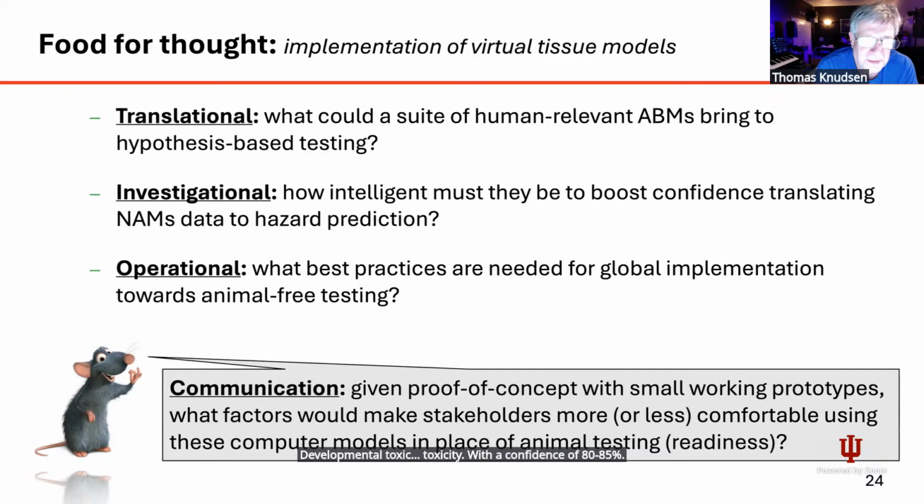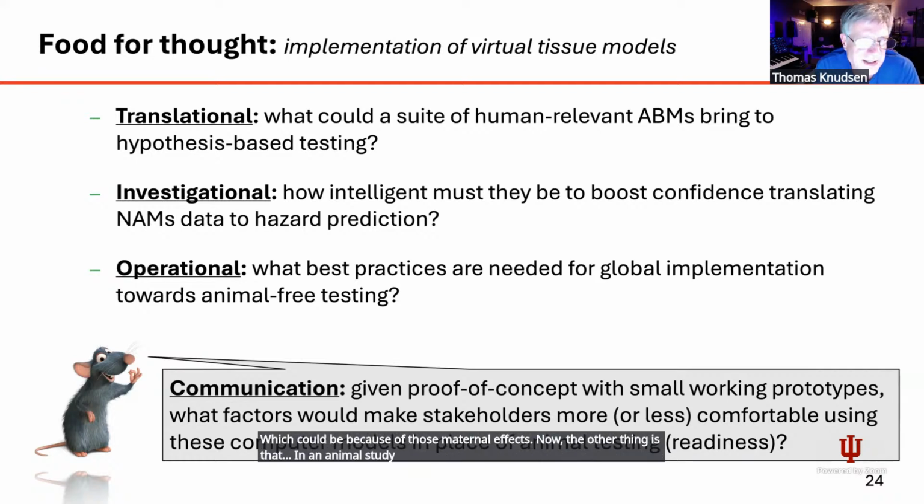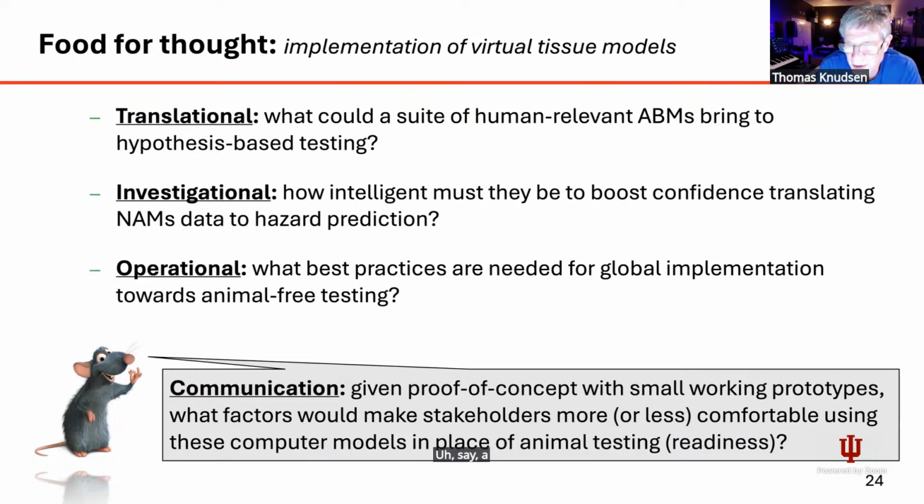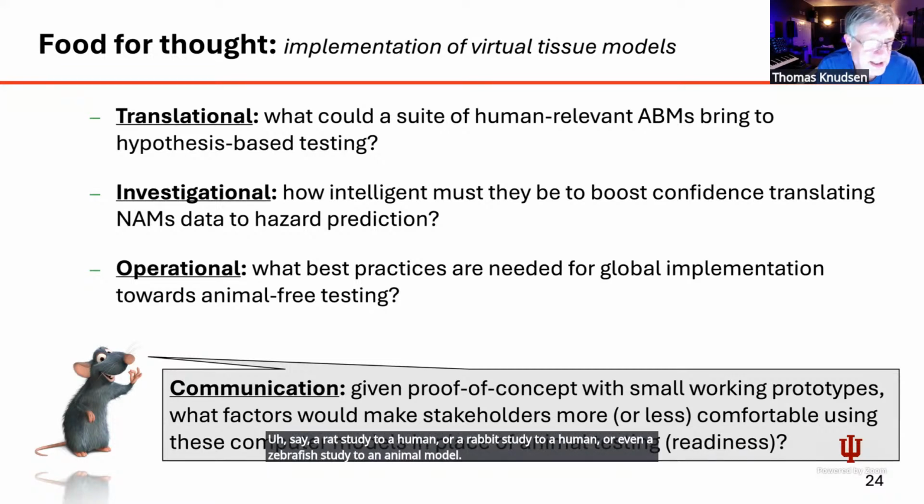What it does is it misses a lot of things that an animal study picks up, which could be because of those maternal effects. Now, the other thing is that in an animal study, you've still got uncertainty in extrapolating, say, a rat study to a human, or a rabbit study to a human, or even a zebrafish study to an animal model. It's about 60%.